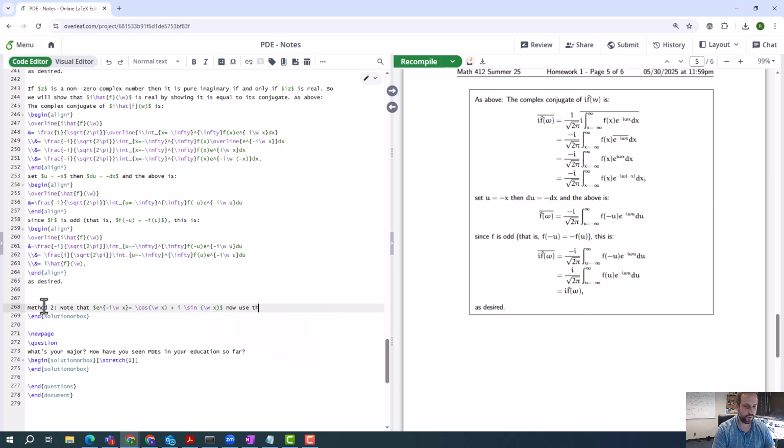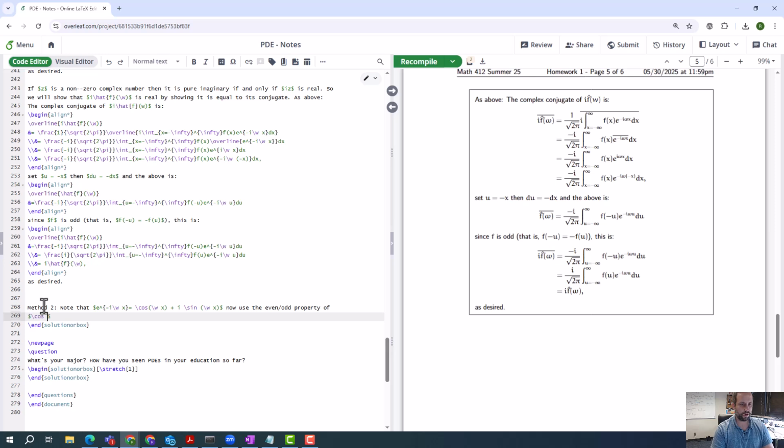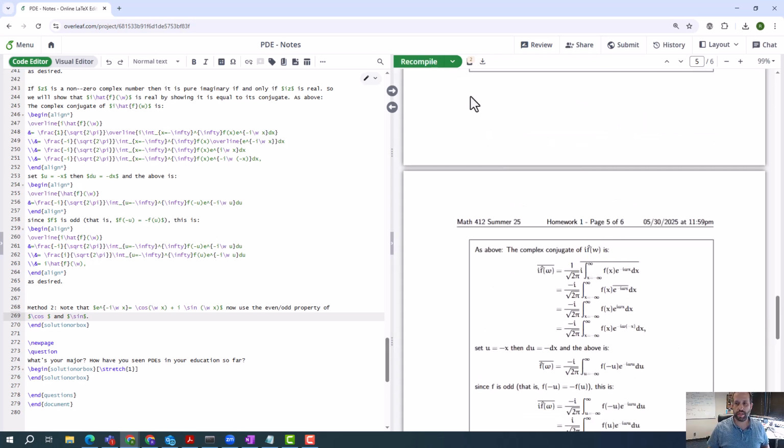Now use the even odd property of cosine and sine. Yeah. Okay. So that's it. Okay. Very good. All right.